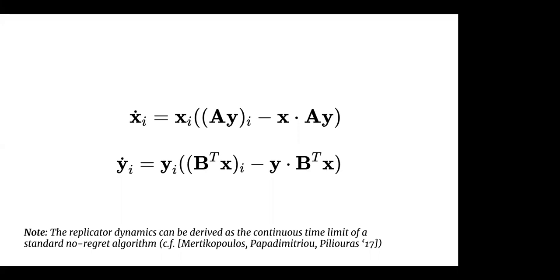So the sort of stuff that is applied in online learning quite often, algorithms like multiplicative weights updates or follow the regularized leader, you take the continuous time limit, you arrive at the replicator dynamic. So it's a good place to start, to say the least.